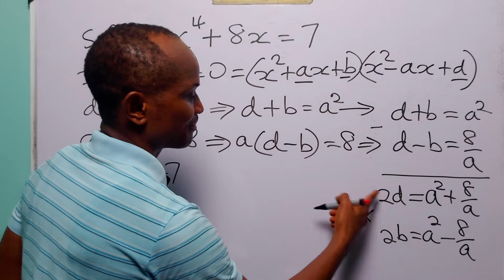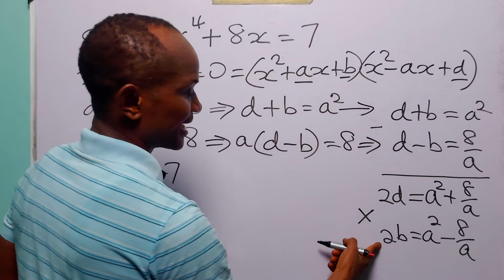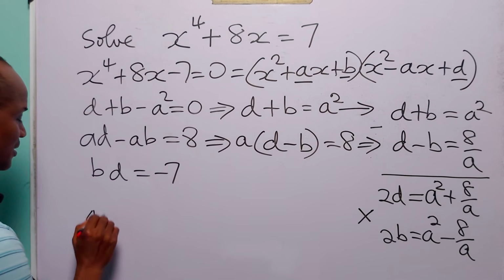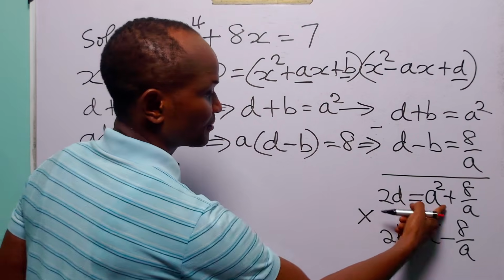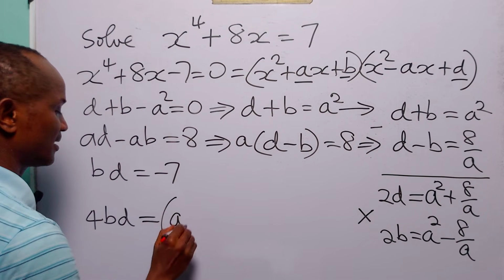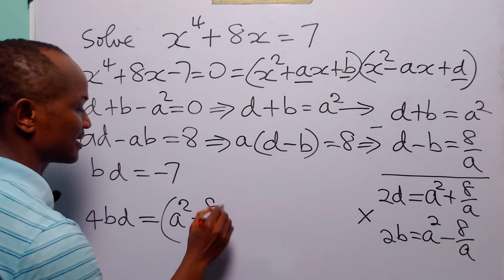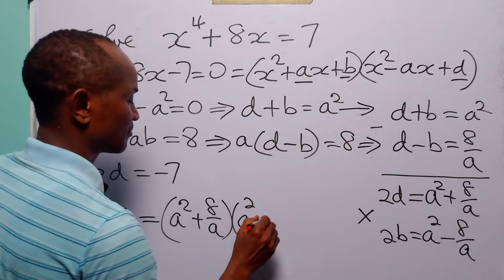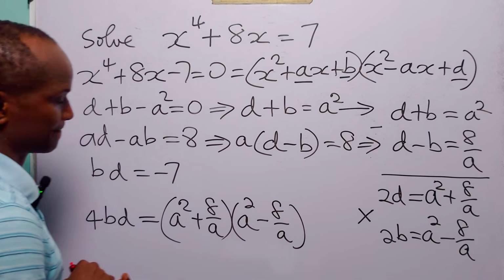Now let us multiply these two equations. 2d times 2b is going to give us 4bd, and this is equal to a squared plus 8 over a times a squared minus 8 over a.